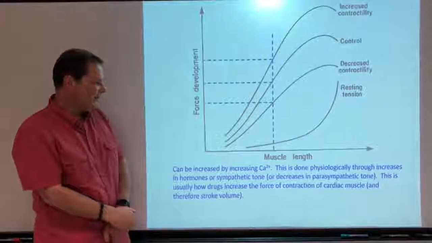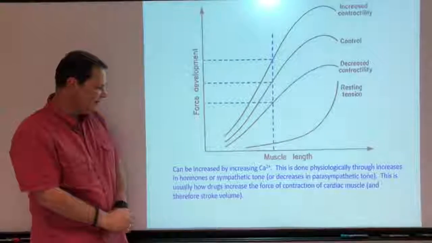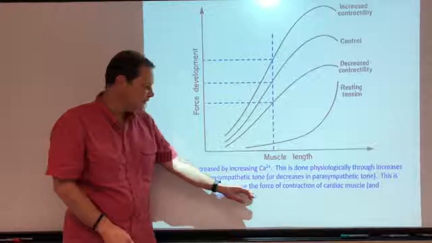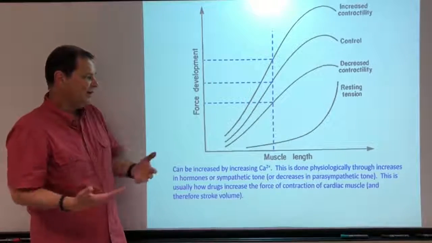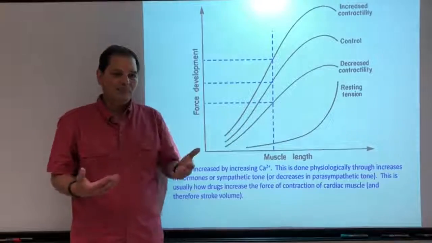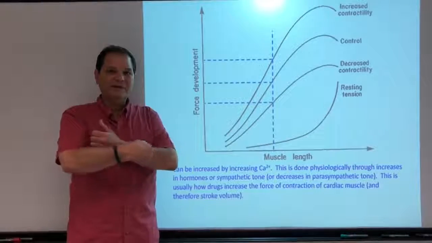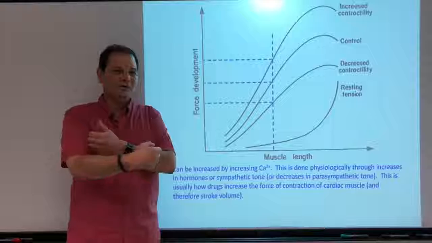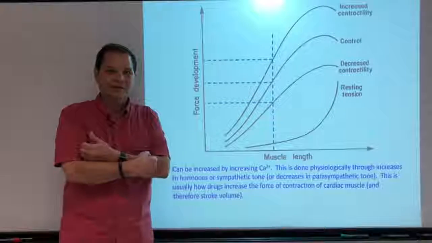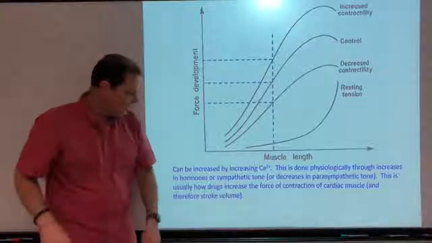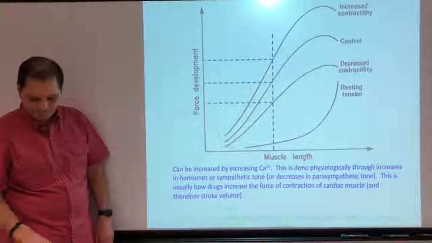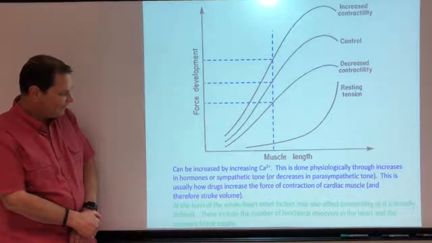A length-independent increase in force of contraction. And again, this is usually how inotropic drugs work. They cause more calcium to be released, and that causes more myosin to be able to interact with actin because you're binding to more troponin C, and that increases the force of contraction. Okay, and therefore stroke volume.